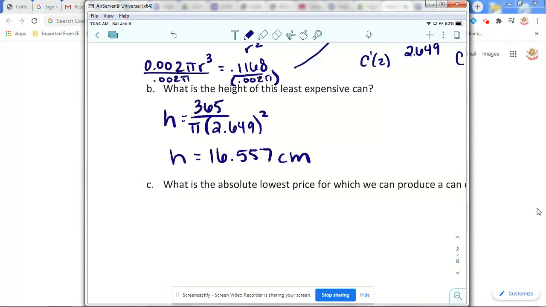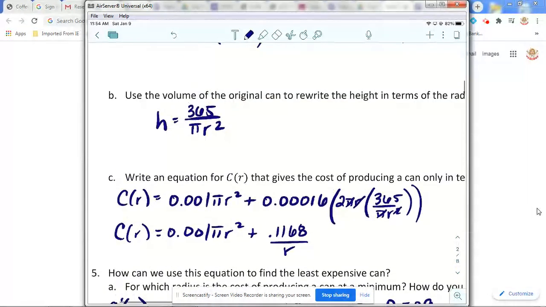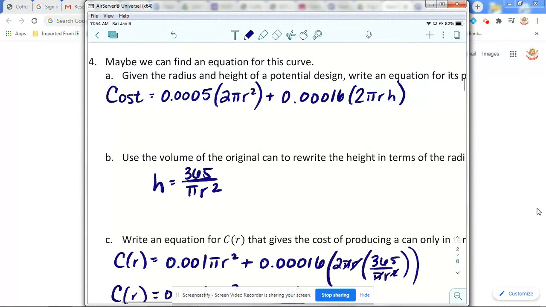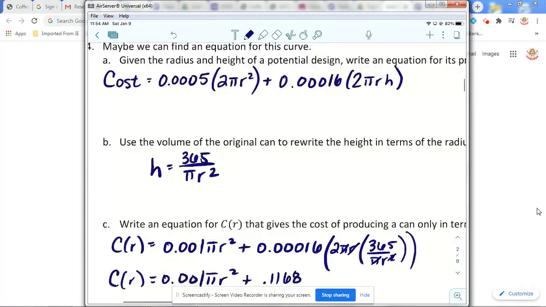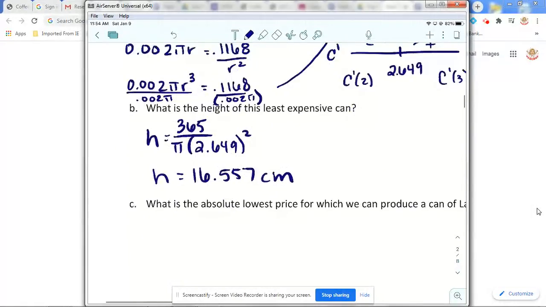And then what is the absolute lowest price we can produce a can of LaCroix? So we can plug everything in. It doesn't really matter if we wanted to use the height and the radius. We could go back to that one. If we just wanted to use the radius, we could use C of R. That's what I'm going to do.